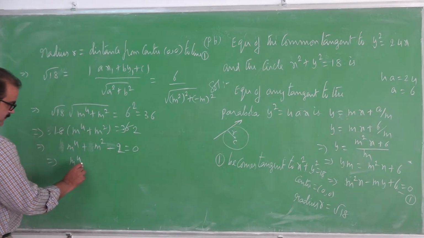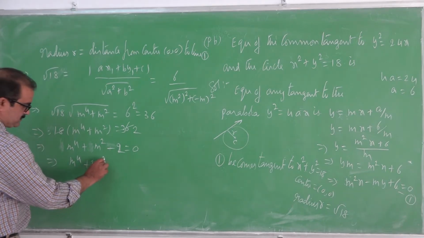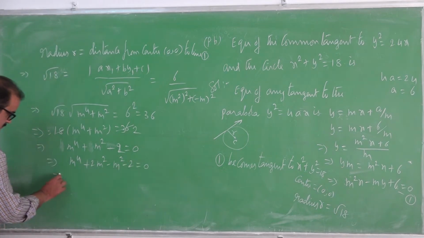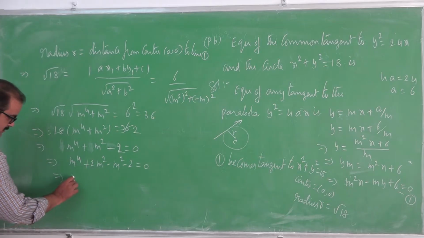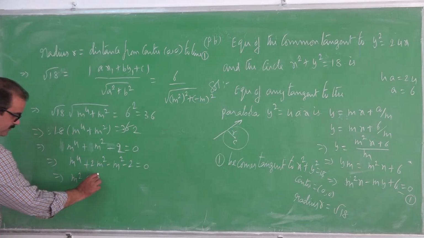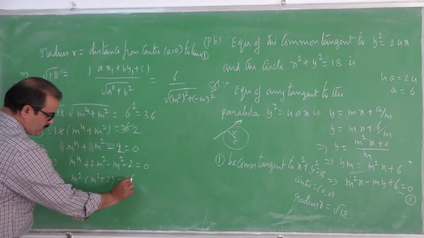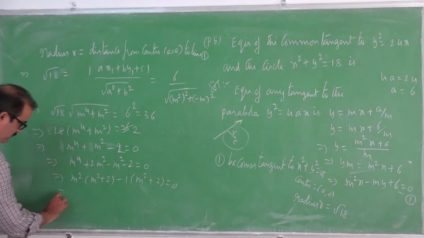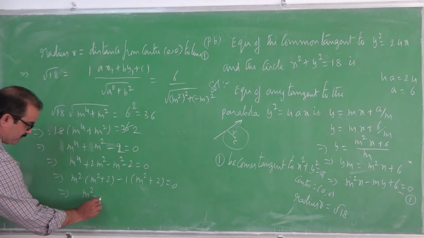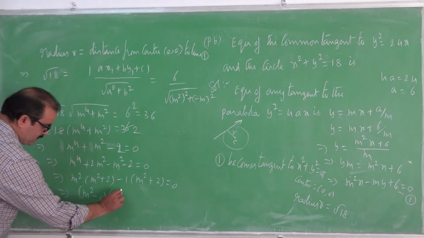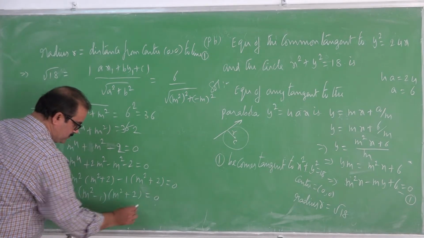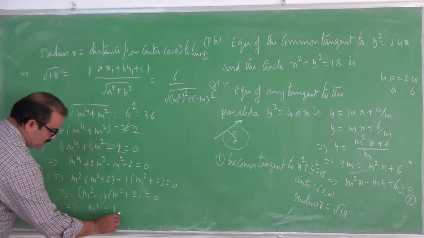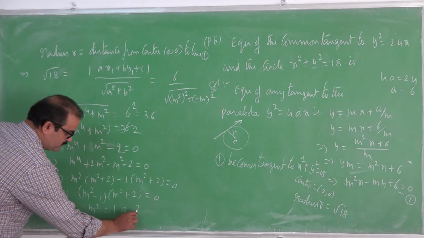M power 4 plus 2m square minus m square minus 2 is equal to 0. Take m square common. Now it is m square minus 1 into m square plus 2 is equal to 0. From this, m square is equal to 1 or m square is equal to minus 2.